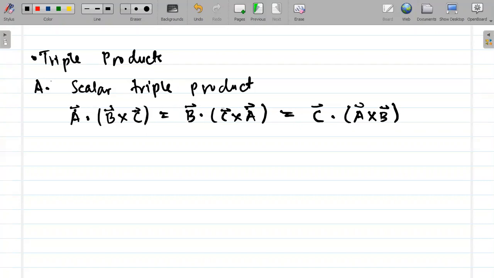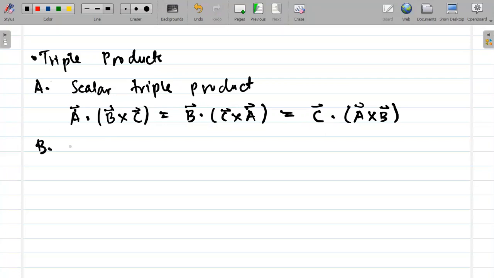ABC, BCA, CAB. So, kahit balibalik rin yung order, pareho lang yung makukuha nyong result dito. So, that is the scalar triple product. Bakit triple product? Kasi tatlong vectors yung tinitignan natin.